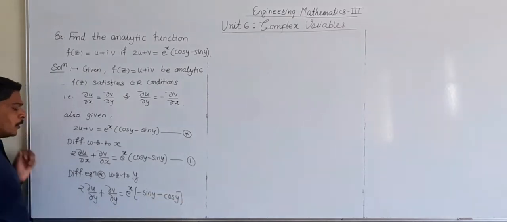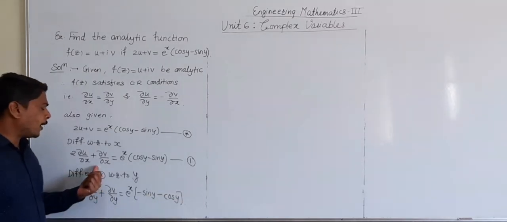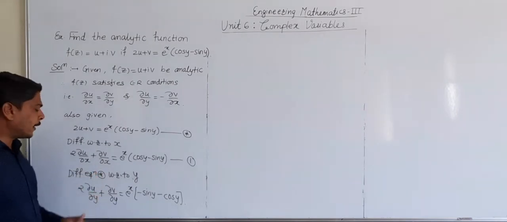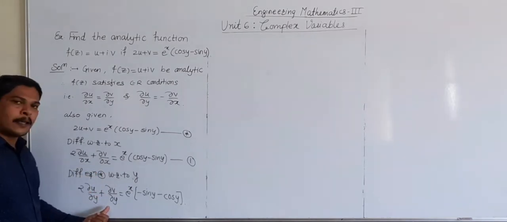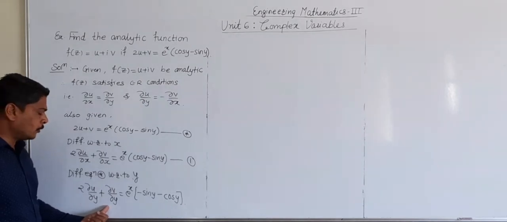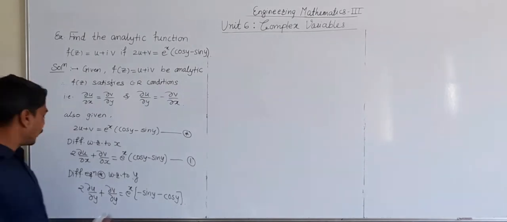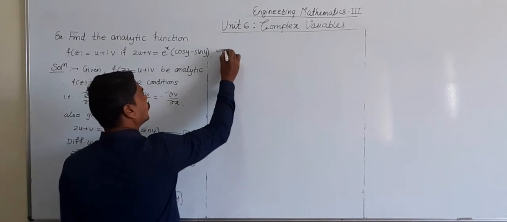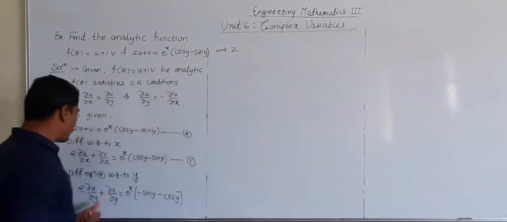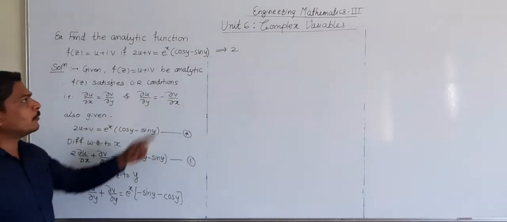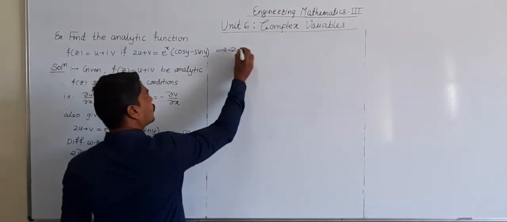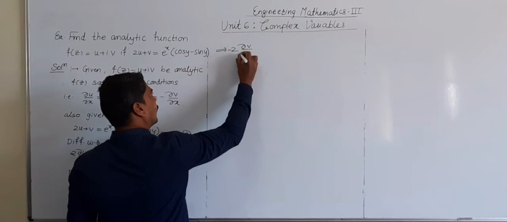Now we require the derivatives in terms of x in both these equations. So for that, apply the CR conditions in this equation. We get 2 as it is; instead of ∂u/∂y, replace −∂v/∂x. So we get −2 ∂v/∂x.